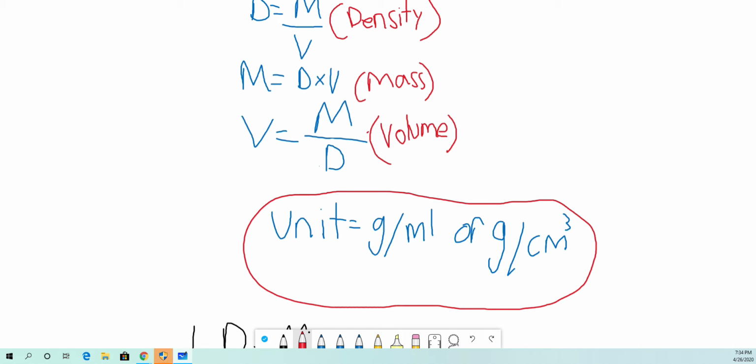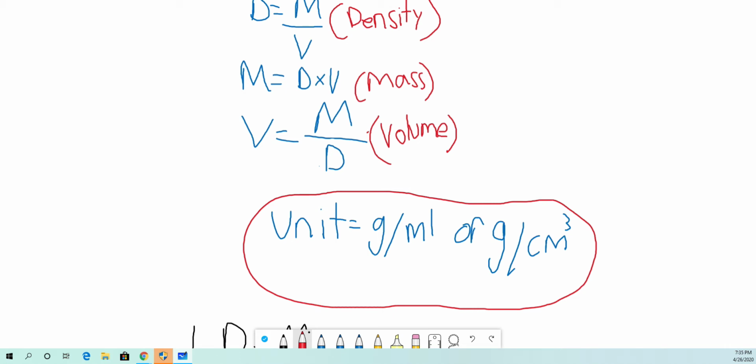And recall, this line here means division. So I'm taking my mass and dividing it by the volume, and that gives me my density. You can also take the density and the volume of an object to find its mass. So you're going to use the second equation, this one right here, if you're being asked to find mass.